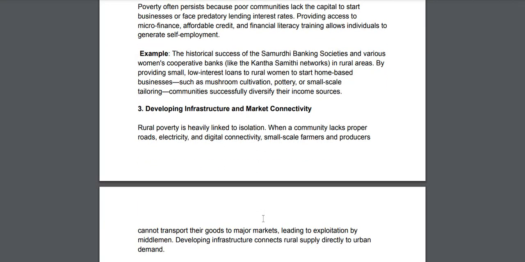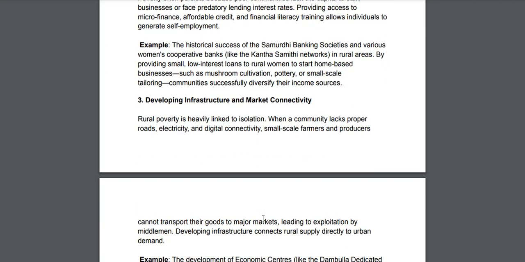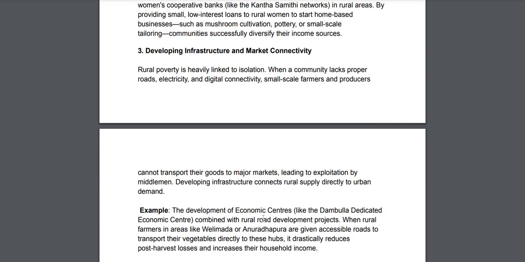Okay, the third one says marketing connectivity. So here you can see how they have linked. As I mentioned before, in order to minimize poverty, they have introduced different programs to develop skills or to give basic education in different fields. After that, they have given the financial support.